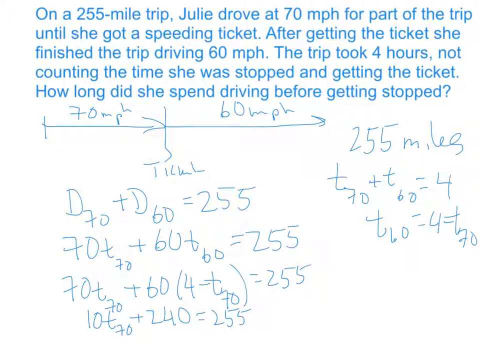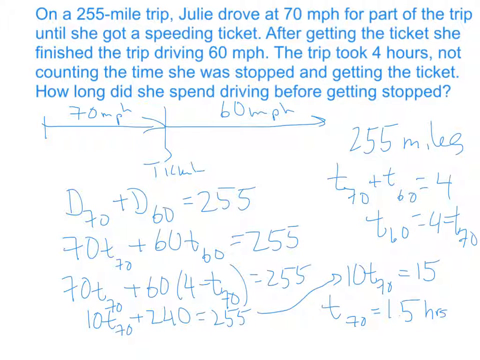If we then subtract 240 from each side, that's going to get us 10 t sub 70 equals 15. Divide each side by 10, and we're going to get t sub 70 equals 1.5 hours.